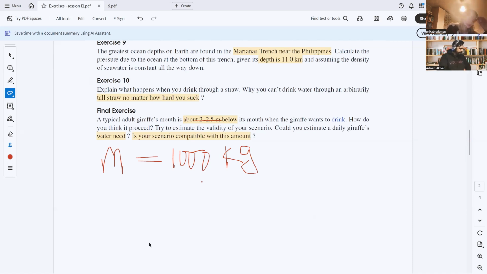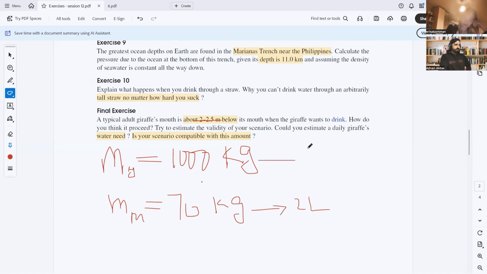Okay, fine. So what was Kepler's law? Giraffe water is proportional to the ratio of the mass factor, and here we consider the mass of the giraffe. Mass of the man is 70 kg, and this man drinks almost 2 liters of water per day.